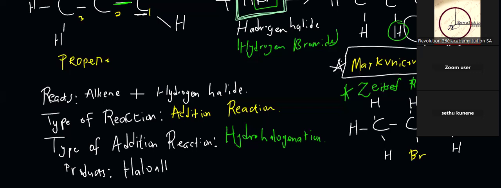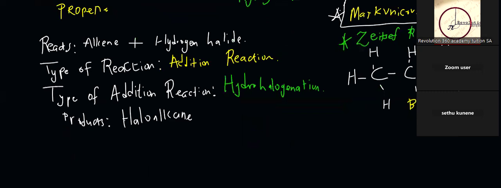So from me teaching you this, we can now conclude and say, therefore, alkenes undergo addition reaction to form haloalkanes. Very, very easy. As easy as that.